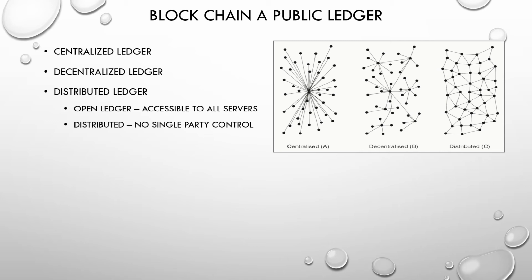Now, what is a distributed ledger? A distributed ledger is theoretical. Why is it theoretical? According to a distributed ledger, every node should have a copy of that database. So practically it is not possible. But what advantages do you get in a decentralized ledger?